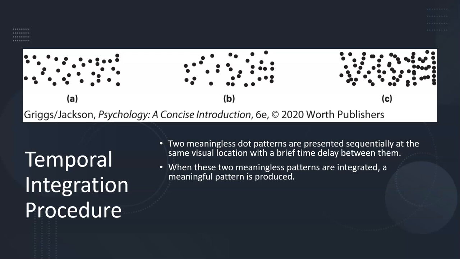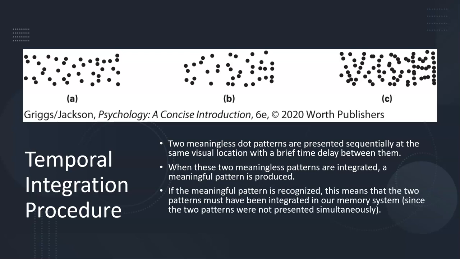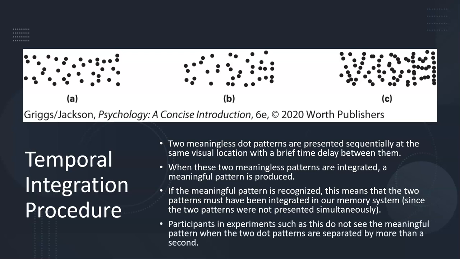And that overlay is going to be integrated into one image that is then perceived as meaningful. So once the meaningful pattern is recognized, that means that these two patterns had to have been overlapping and then integrated in the memory system.